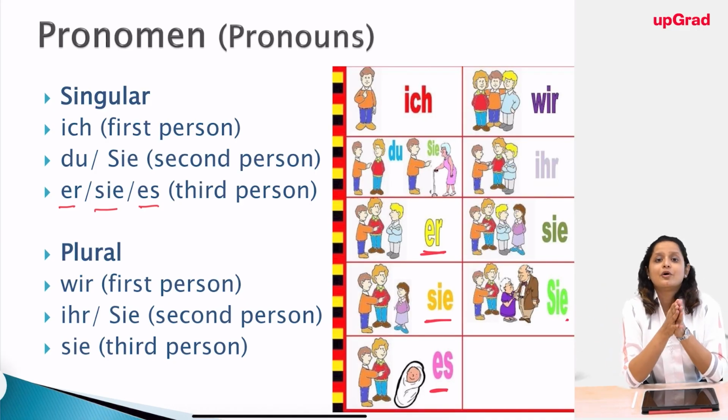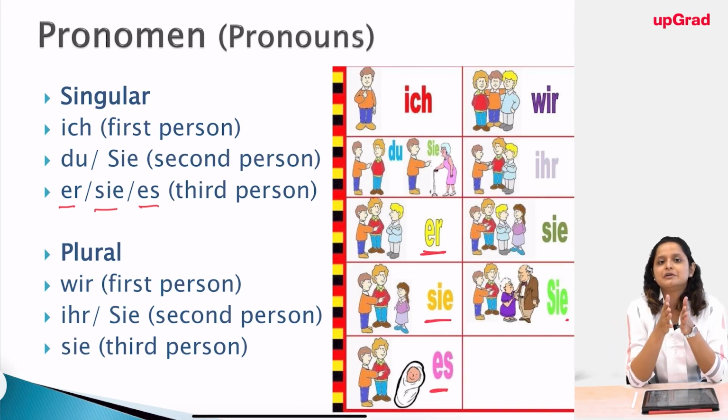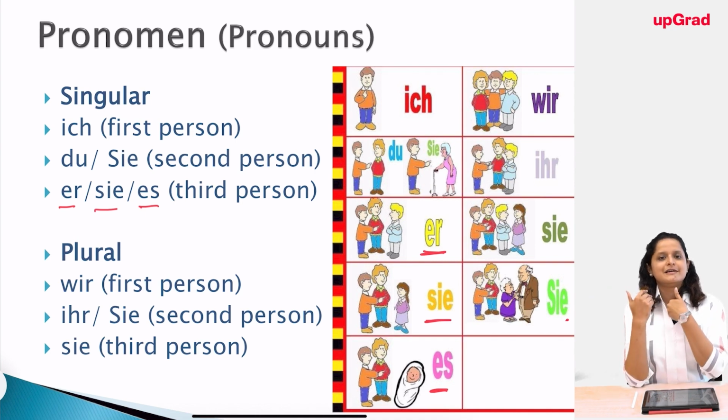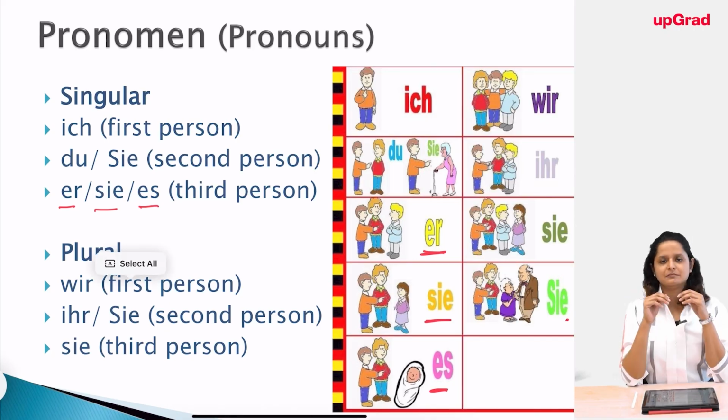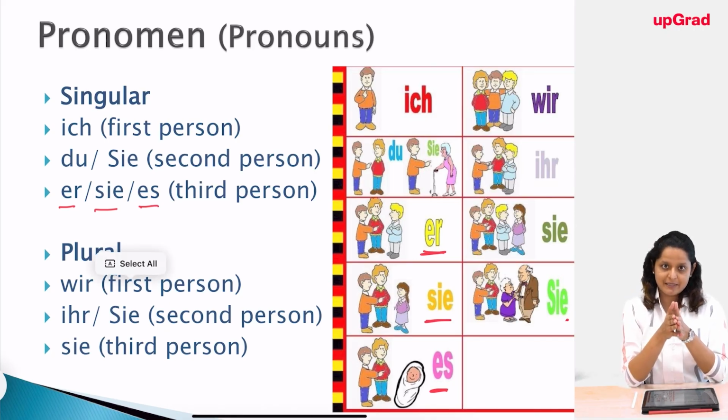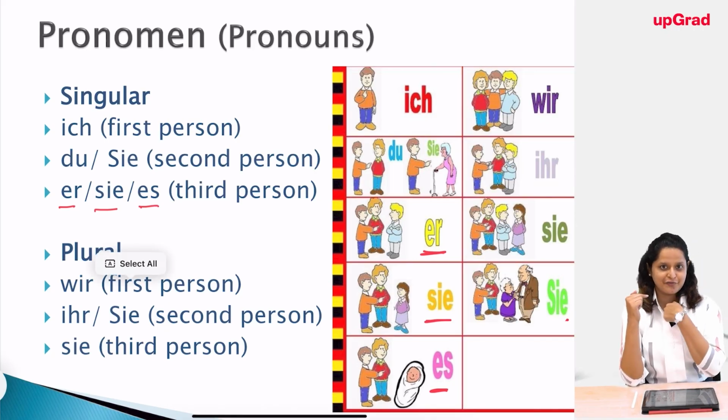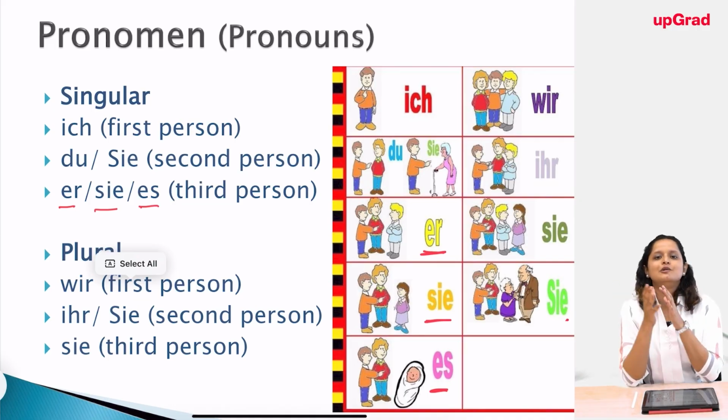But let's say I am not doing a particular activity alone. Let's say I am doing it together with my family, like travel. If I am traveling alone, I will address myself as ish. But if I'm traveling with my family, then your first person is not alone.